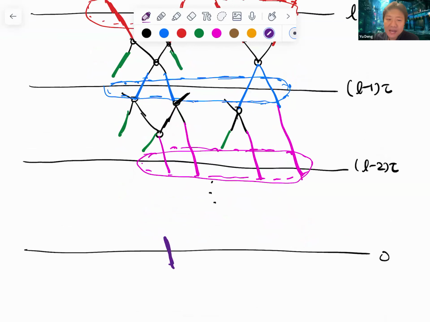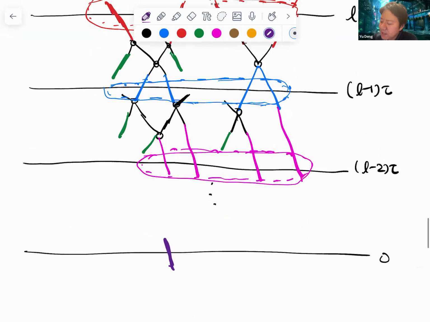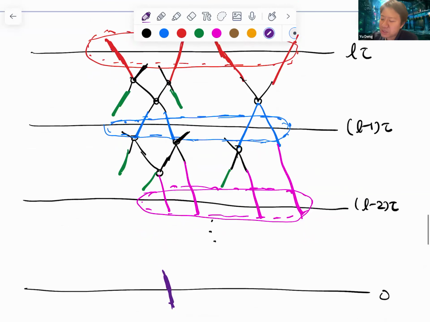This particle coincides with the top red particle, but the position and velocity of this particle at time zero, represented by this purple vector, will be completely different from the position and velocity of the red line, representing the particle at time L tau.